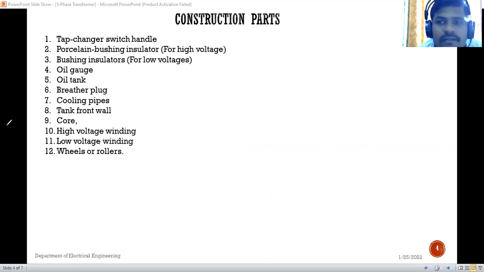In that we are using some oil, or we can call it breathing oil. The function of this breather or plug is to prevent the entry of dust and moisture into the oil content. Okay, so for breathing, silica gel is used.